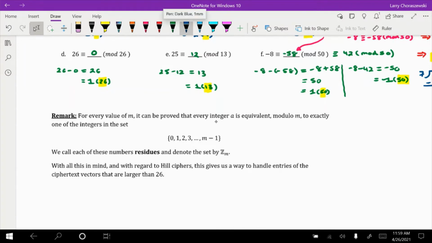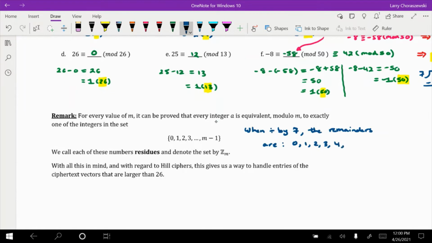So when dividing by 7, the remainders are one of the following: 0, 1, 2, 3, 4, 5, and 6. We wouldn't include 7 because that would have the same remainder of 0. We wouldn't include 8 because that would have the same remainder as 1, and so on and so forth.